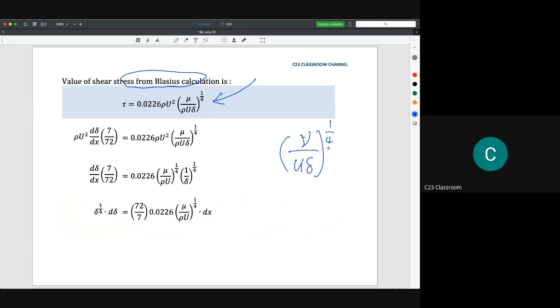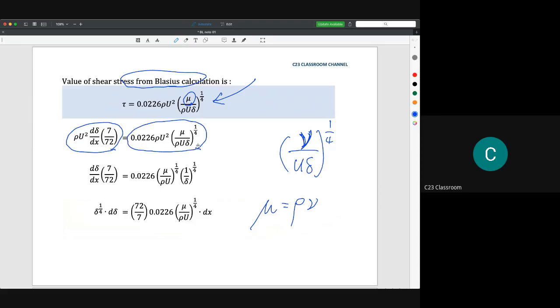You need to understand that this is nu, which is the kinematic viscosity, and this is mu, which is the dynamic viscosity. So we have mu equal to rho nu. Please remember the idea of viscosity. Then what we need to do is equate. This is the shear stress from the von Karman, and this is the shear stress from the Blasius. So we equate these two equations.